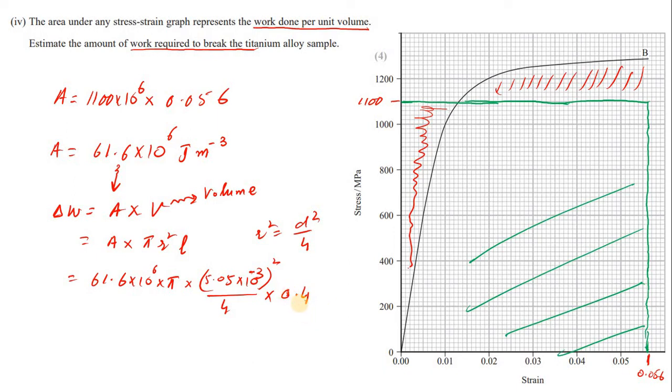Now you multiply all these numbers, and the delta W, or the work done, will be 493.5 joule. That's how you find the total work done to break the wire.